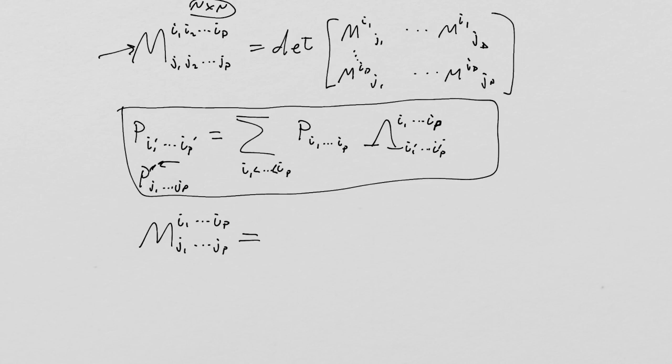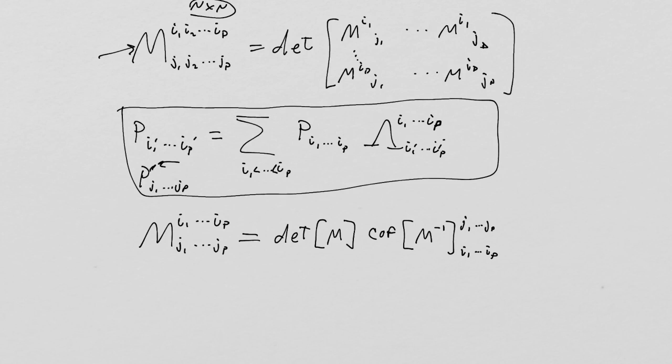The I1 to IP, J1 to JP minor is actually the determinant of the full matrix M multiplied by the cofactor of the inverse matrix, the cofactor of M inverse, its minor J1 to JP, I1 to IP.